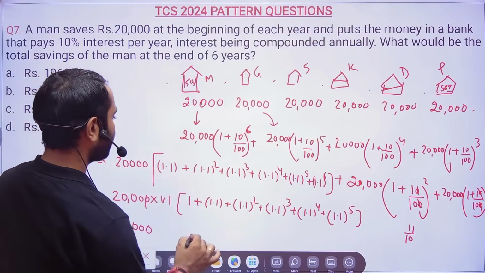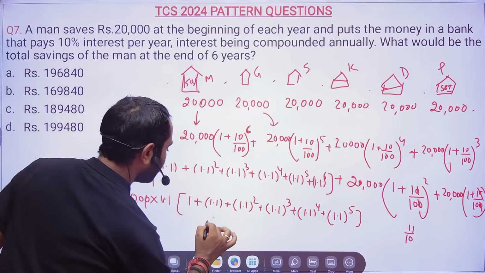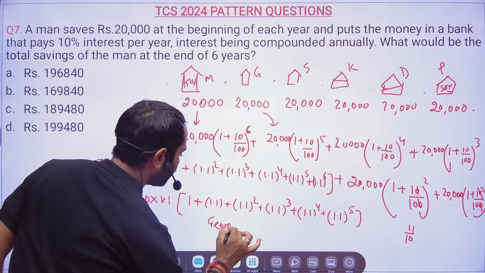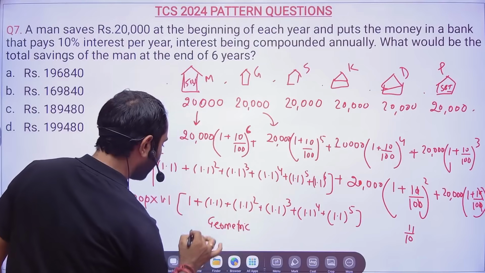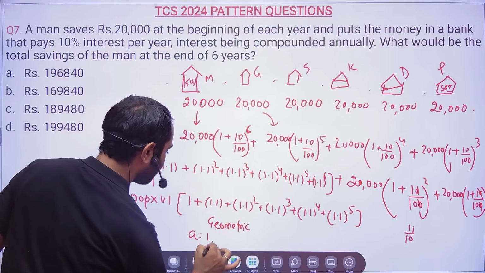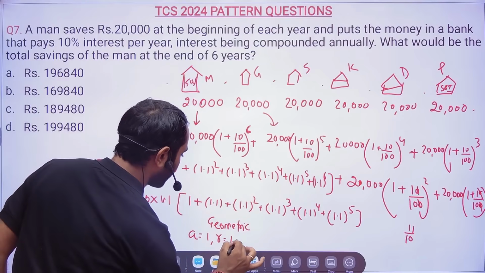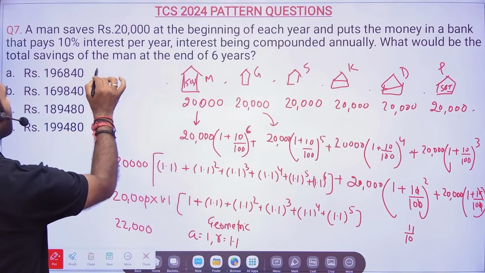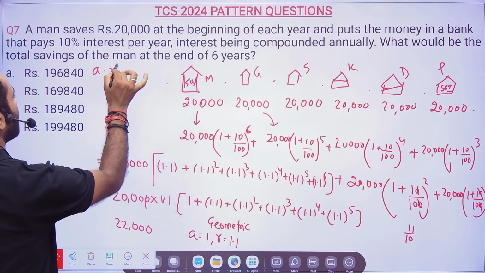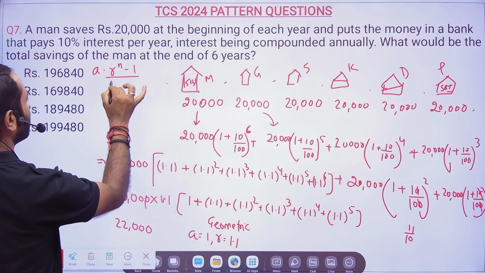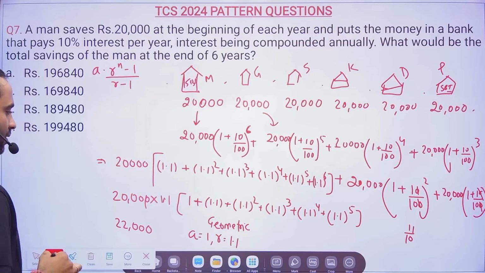And this one, friends, is nothing but a geometric progression, where first term is A and the common ratio is 1.1. The geometric progression formula is A into r to the power n minus 1 divided by r minus 1.